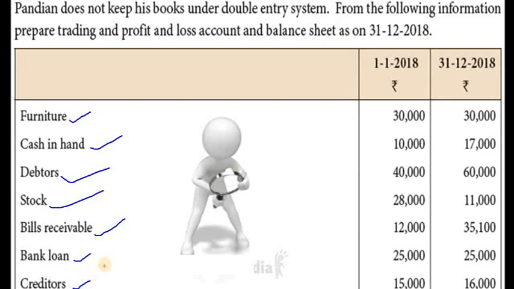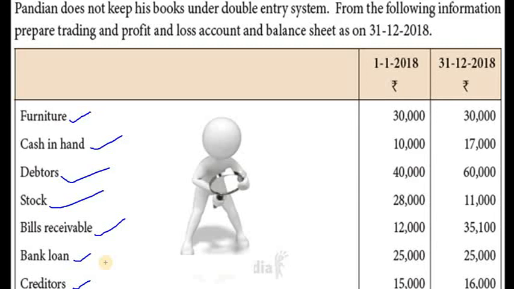If we maintain our money with bank, that is an asset and it will be shown on the asset side. If we have borrowed some money from the bank, that is a loan from bank and it will be shown on the liability side that will have credit balance.